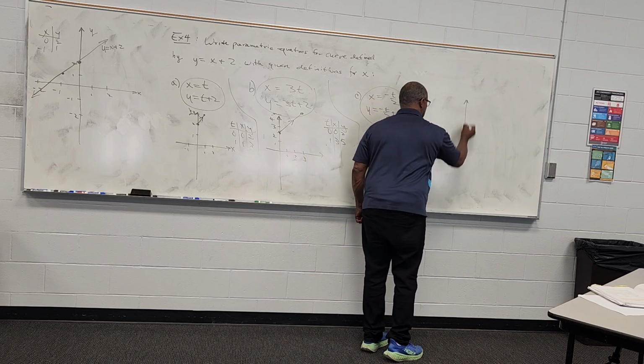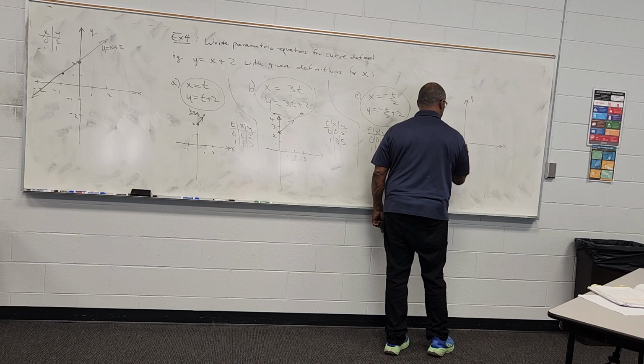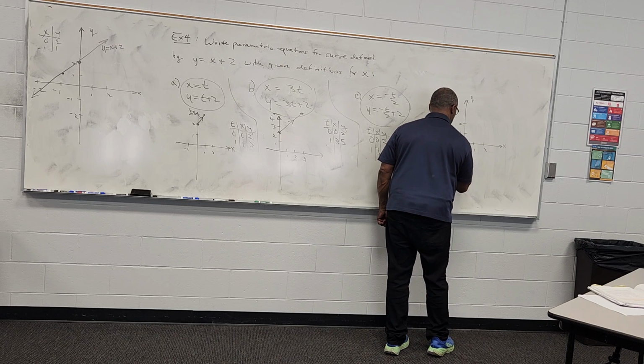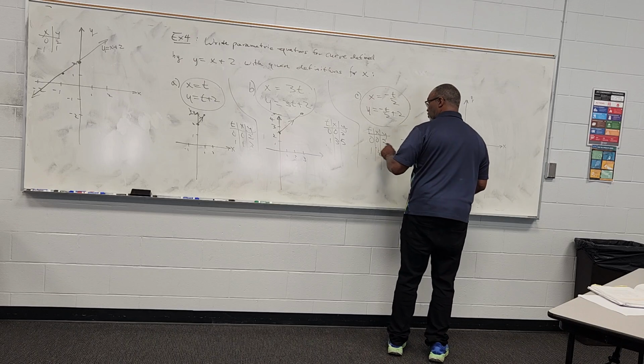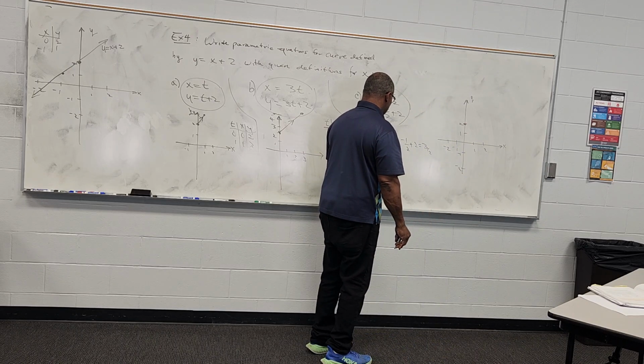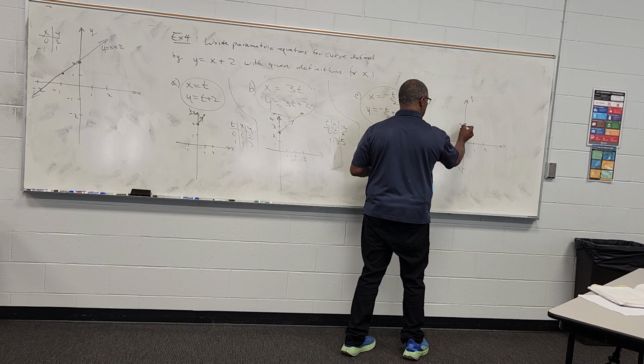So this parameterization still starts off at 0, 2. They all did. But it goes to negative 1 half, positive 3 halves. This one goes from here to here, and this time it's going in this direction.